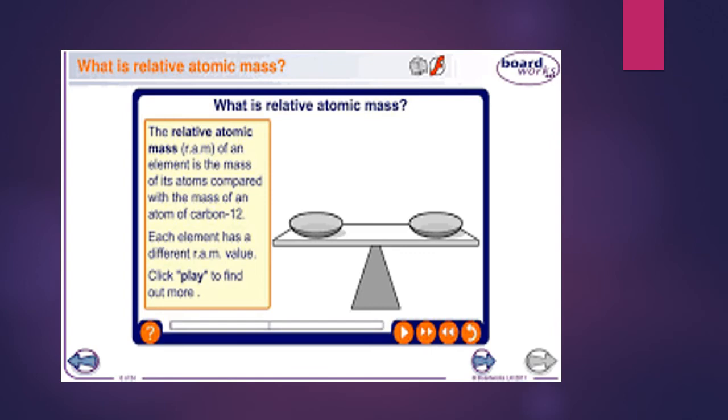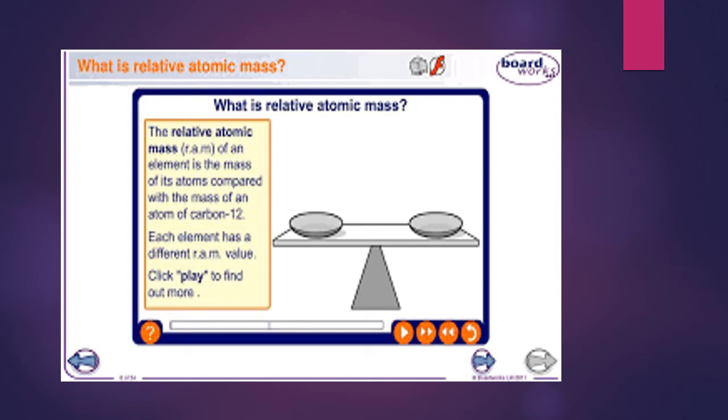Then the scientists came to a new way to find the mass of an element. They divide the mass of an element by the atomic mass unit, and defined that as the relative atomic mass. Here relative means a comparison. They compare the mass of a given element with the atomic mass unit.